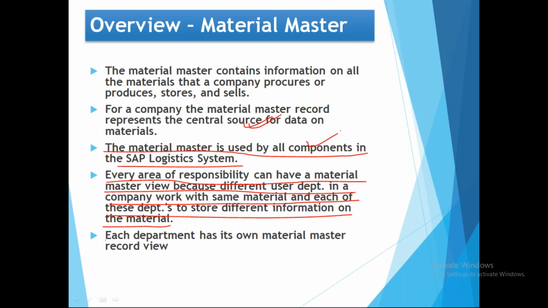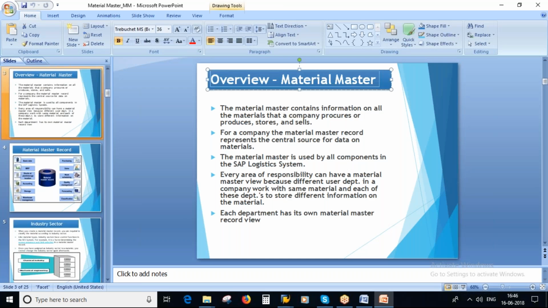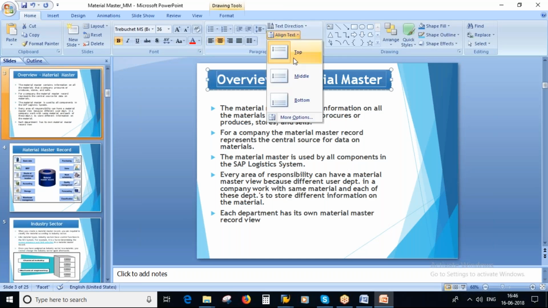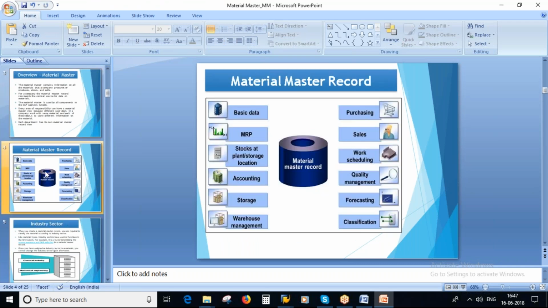Each department has its own material master record view, and in their view they will maintain their relevant data in the material master. So that is all about material master. We have understood what is material master.